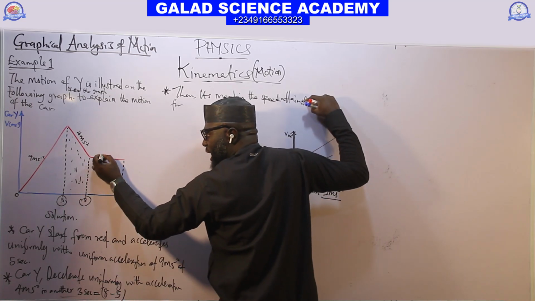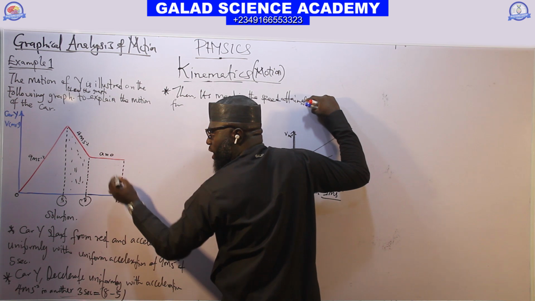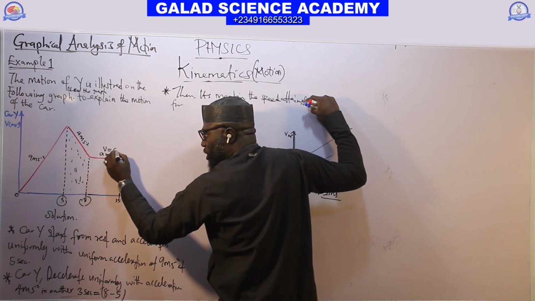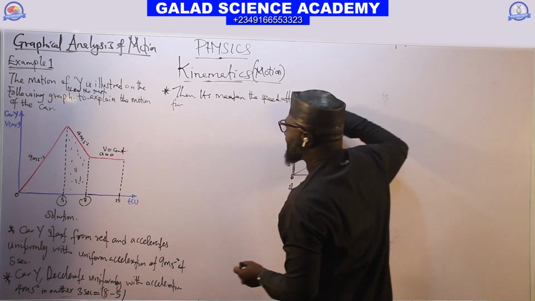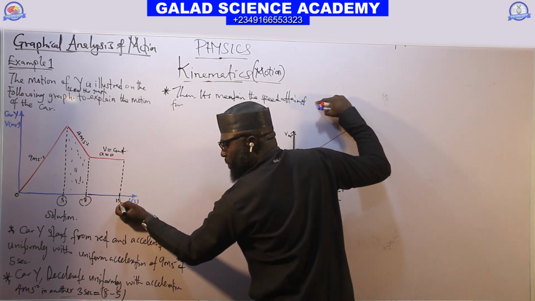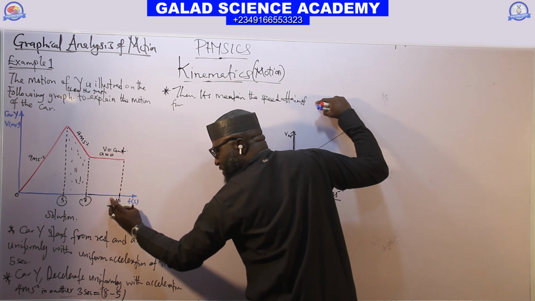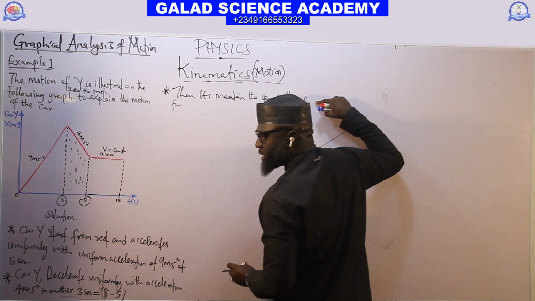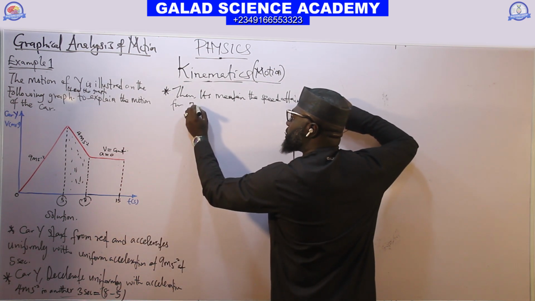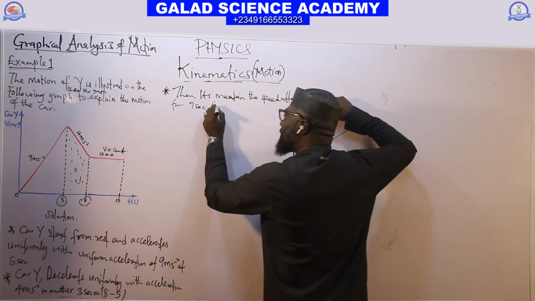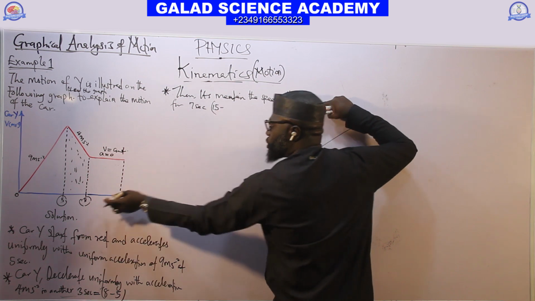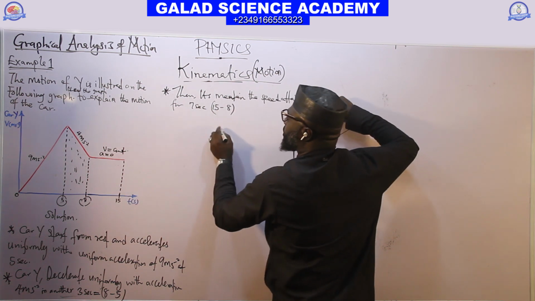I said it before that acceleration is equal to zero, and the velocity is constant here. So to maintain the speed attained for another, what is the time difference between 15 and 8? That will be another 7 seconds, which is 15 seconds minus 8 seconds.